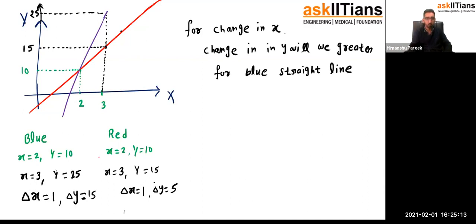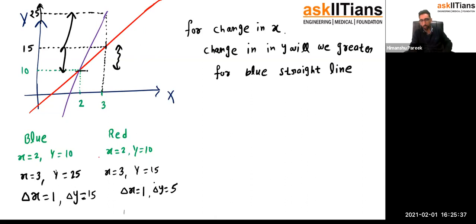Got my point? You can see for Y, this is the change. But for red, what is the change? Only this much. So which graph is steeper? The blue color graph is steeper. So that's what represents the steepness of a graph. That's what represents the slope of a graph.